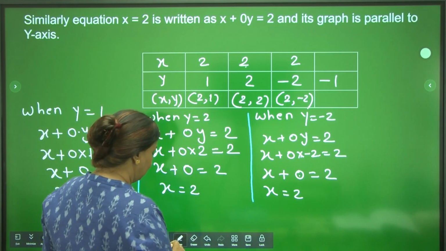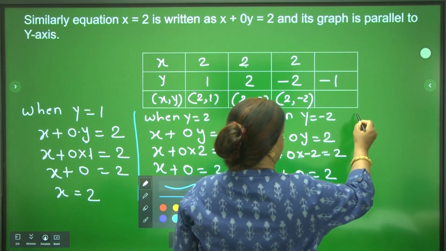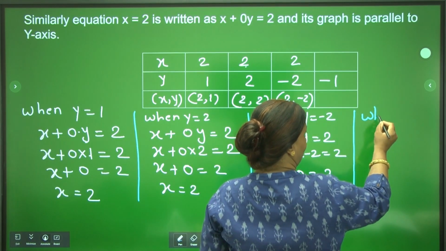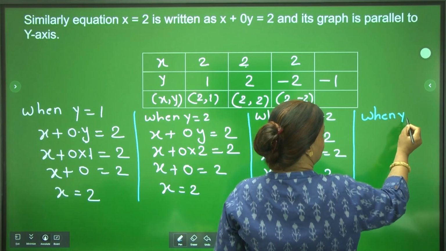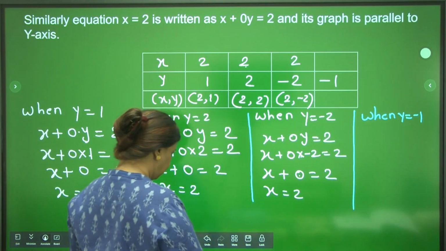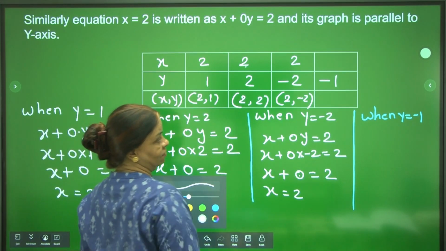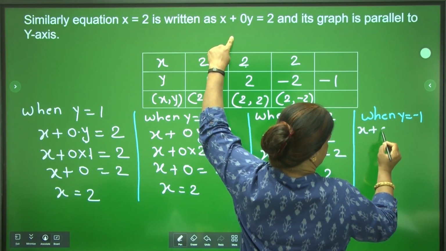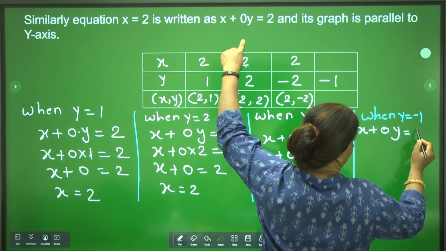Now the fourth value is when y is equal to minus 1. So what will be your x value? Your equation is x plus 0y is equal to 2.